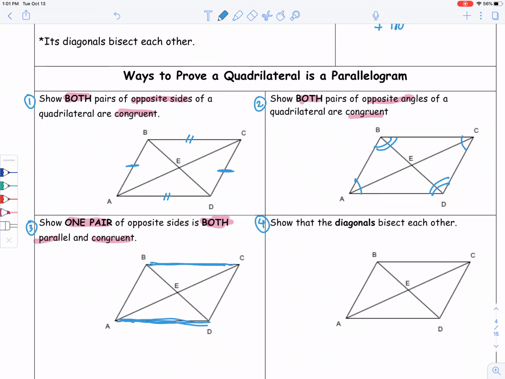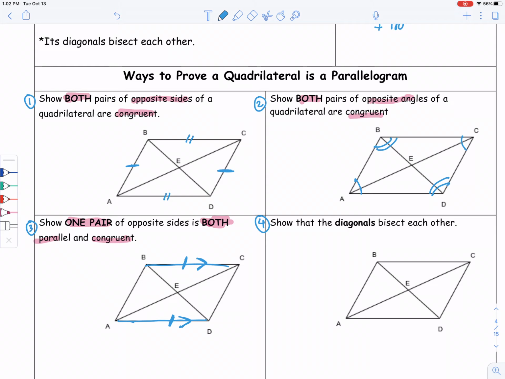If I label this pair of opposite sides to be both parallel and congruent, that's enough to prove that this shape is a parallelogram. I don't need to know anything about the other side. As long as I know that one pair of opposite sides are both parallel and congruent.